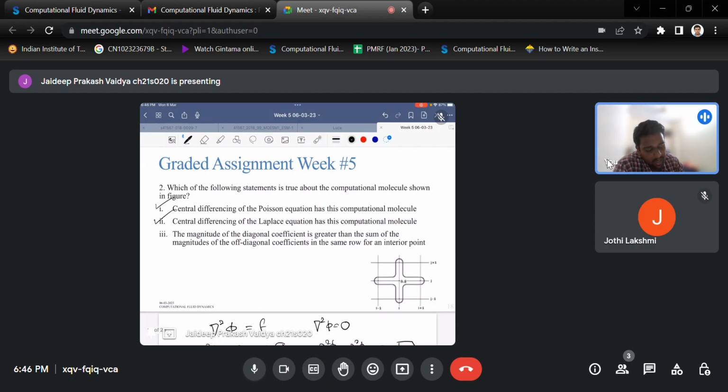And when we write the magnitude of the diagonal coefficient, it is greater than the sum of the magnitudes of the off diagonal coefficients.